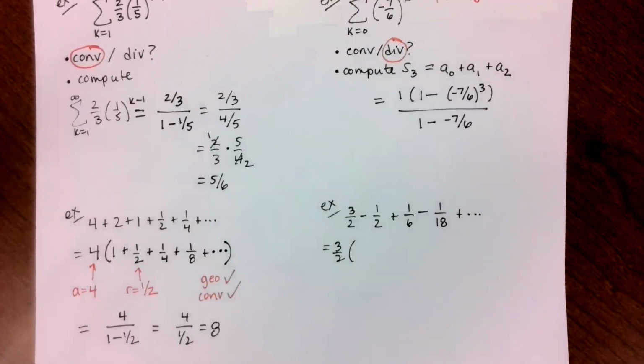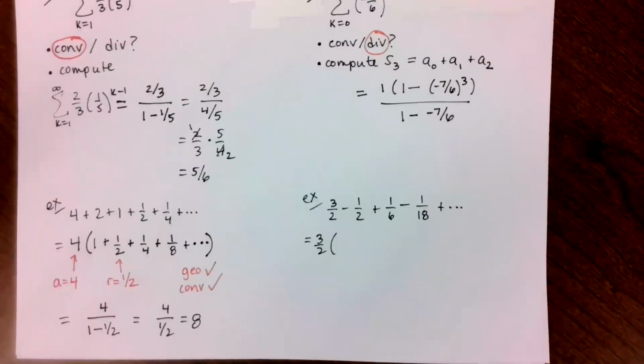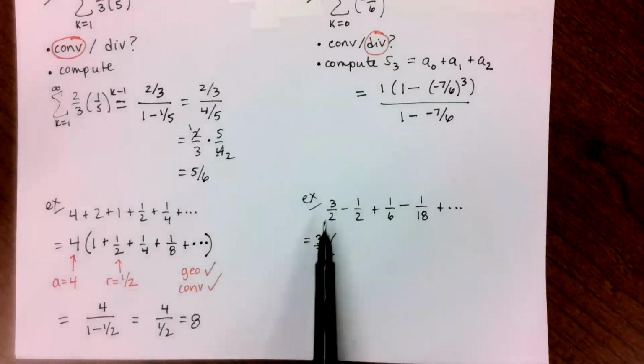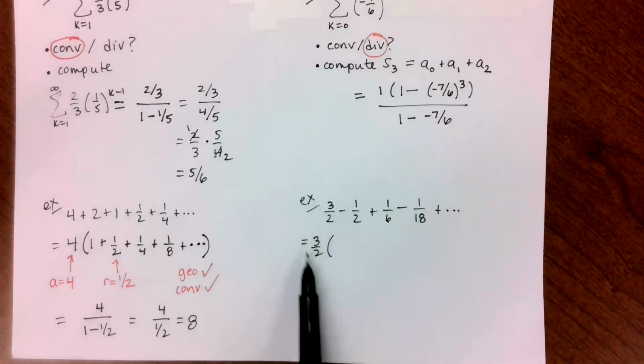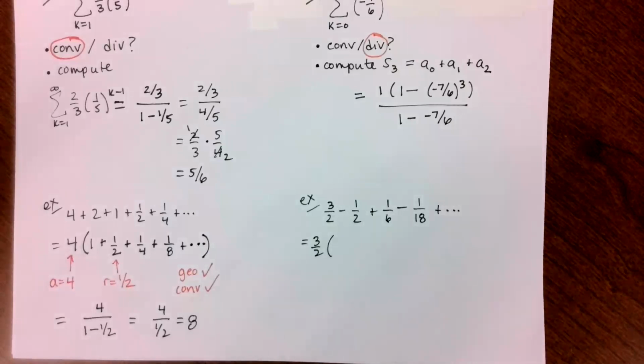All right, let's do the same thing for this more awkward list of numbers in my last example. We said the one trick is to always factor out the first term. The first term here is 3/2. So I can see right away the A value is 3/2. But then everything else is a little bit less clear. It's not even necessarily clear that this is a geometric series that we're looking at, but it is.